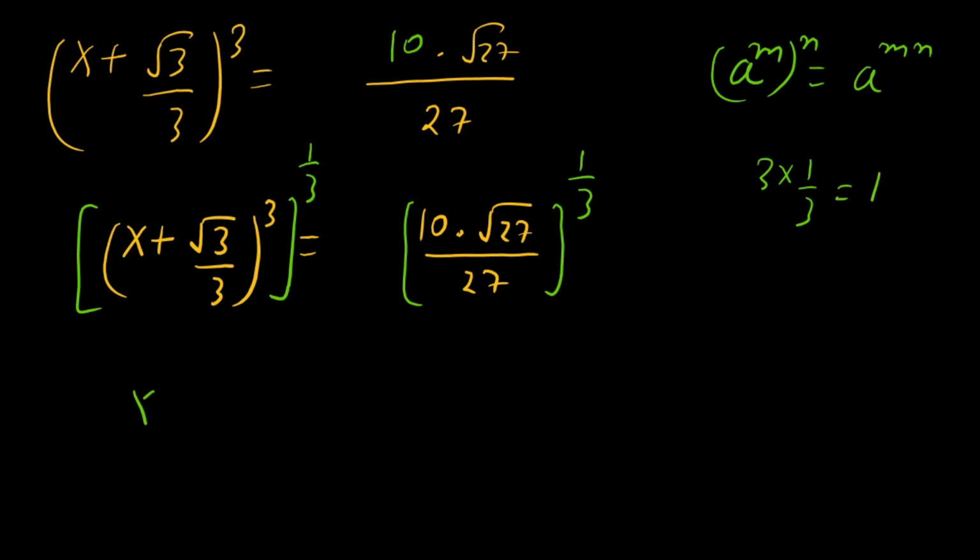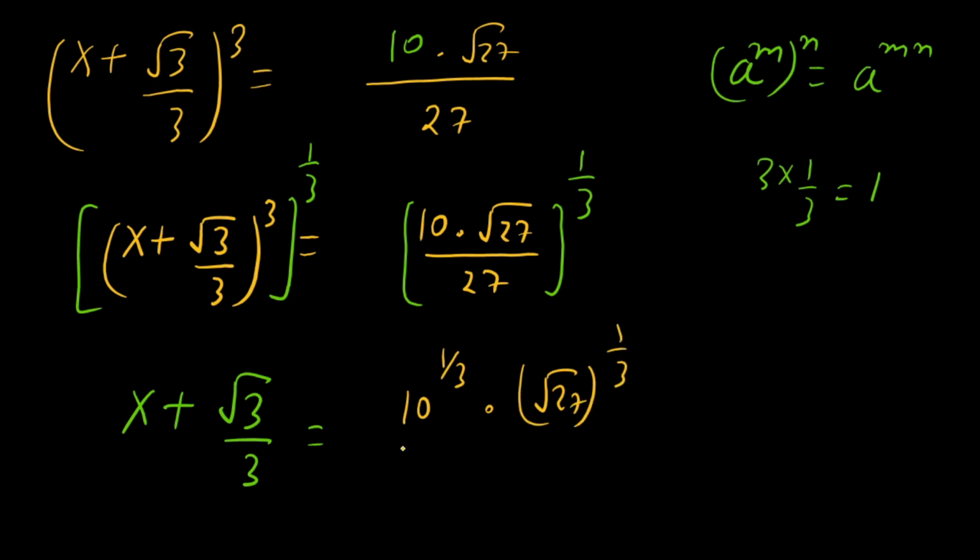So on the left hand side x plus √3/3 is equal to, and on the right hand side this is the same as 10^(1/3) times (√27)^(1/3) divided by 27^(1/3).